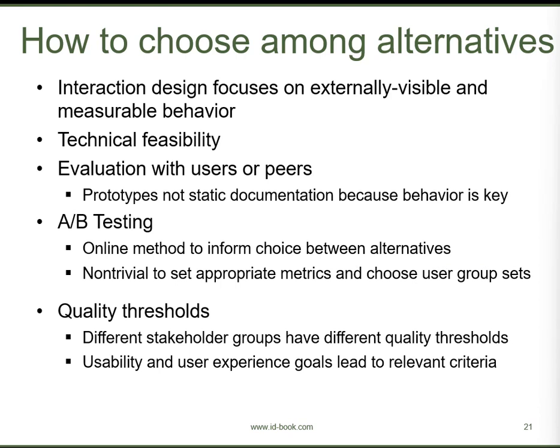Broadly speaking, these decisions fall into two categories: those about externally visible and measurable behavior, and those about characteristics internal to the system that cannot be observed or measured right away without looking further into it.